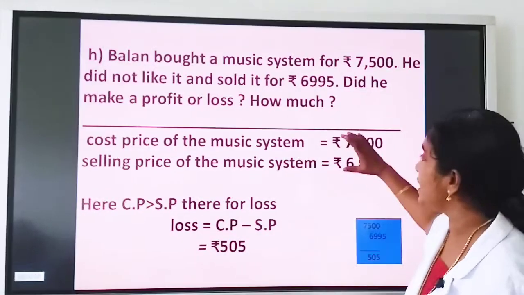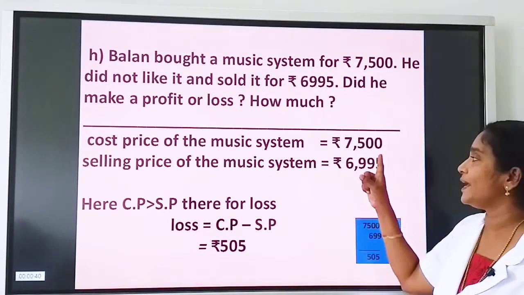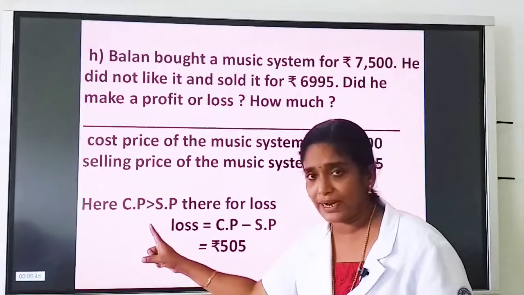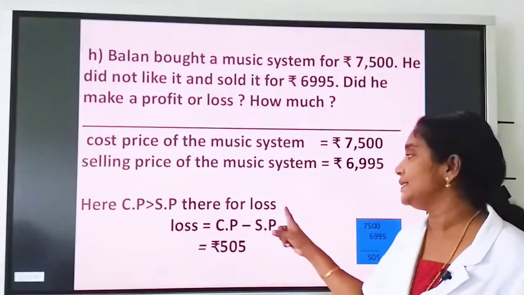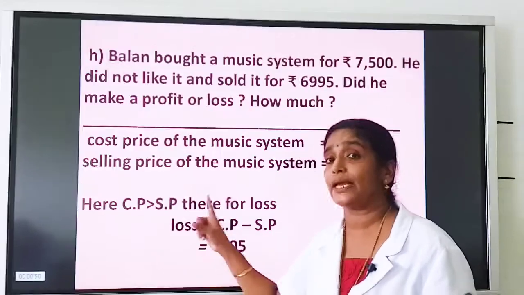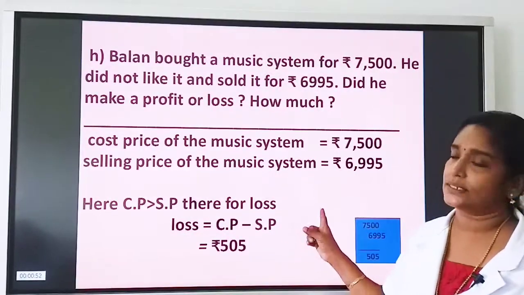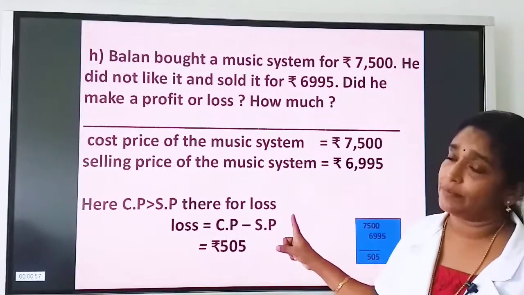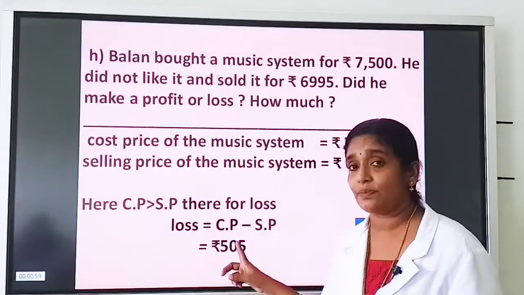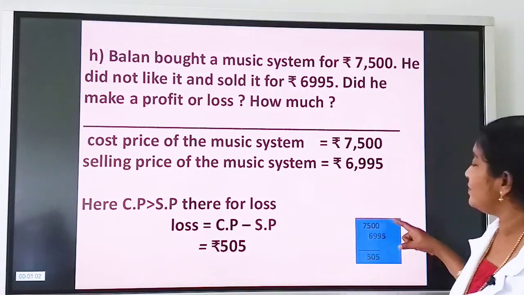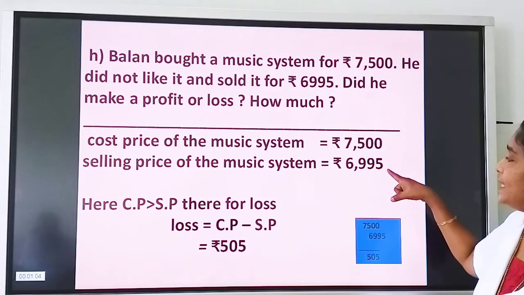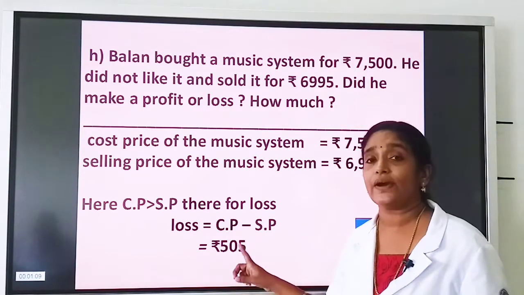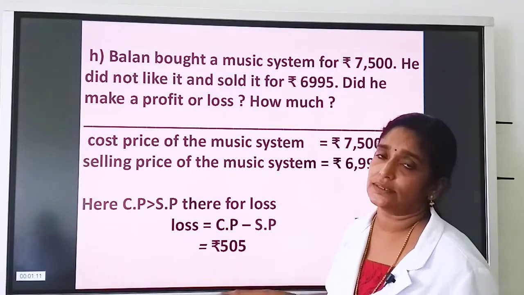Look here, which is big? Cost price is big. So it is loss. When cost price is bigger than selling price, it is loss. So how to find loss? Loss equal to cost price minus selling price. When we subtract 6,995 from 7,500, you will get 505. So 505 rupees is the loss.